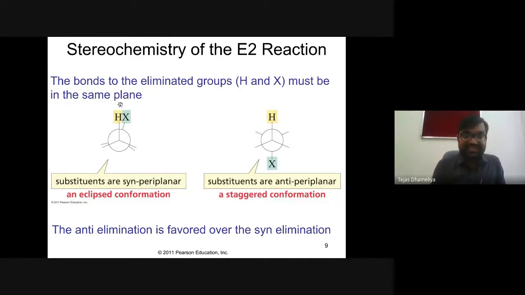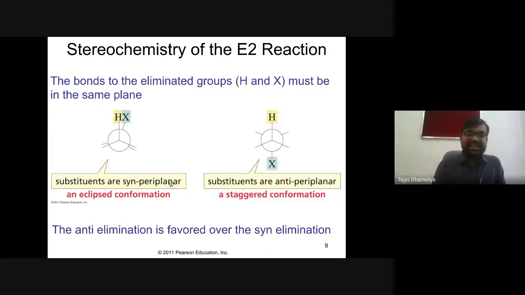Because here there is steric hindrance between this H and X, and here there is no steric hindrance. Because of this, the anti-periplanar conformation is the more preferred one for elimination. The staggered conformation is highly preferable over the eclipsed conformer or syn periplanar conformer.